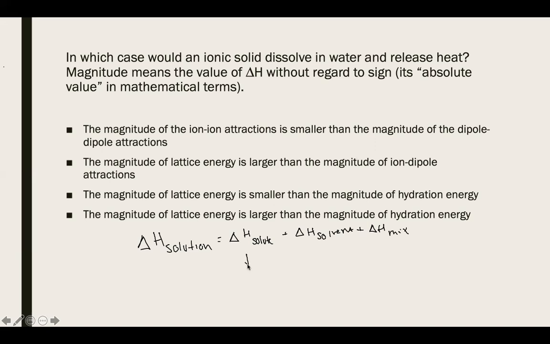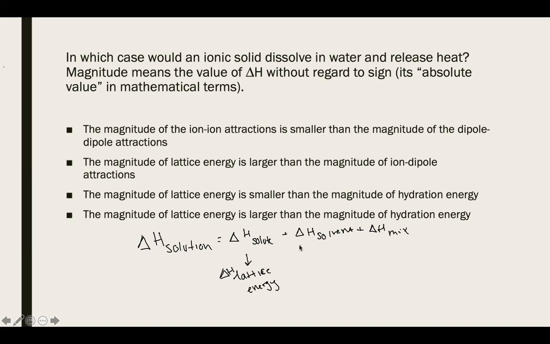That's the same thing as your lattice energy. The magnitudes of those are the same because the lattice energy is the energy within the bonds of your solute, so when you're dissolving it, it's the same energy being broken between those bonds.